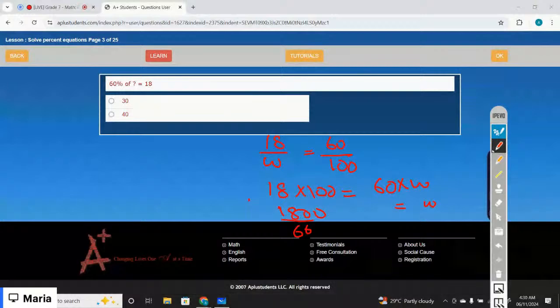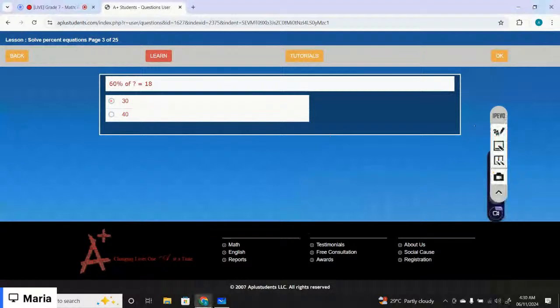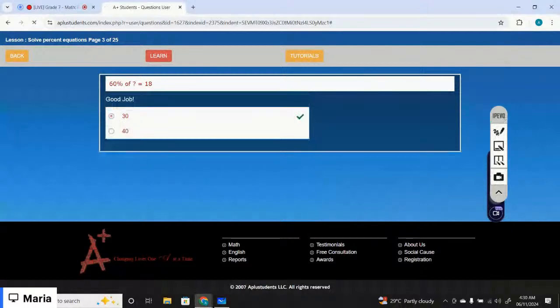The correct option is 30. 6 times 3 is 18. So that would be 30. That means 18 is 60% of 30. Got it? The correct option is option number 1.